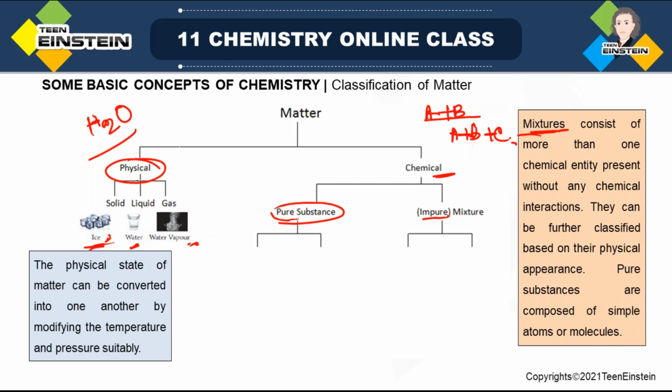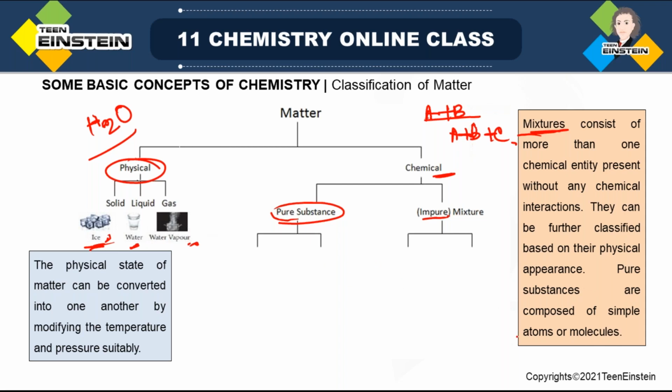That means their individual chemical properties are not changed, but they are together. That is why it is a mixture. They are not in pure form. They can be further classified based on their physical appearance, which we will see.